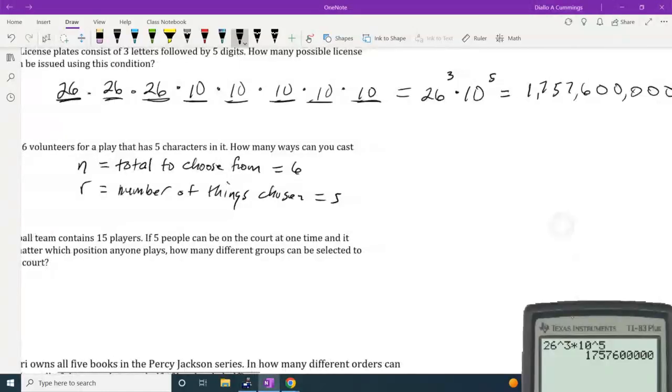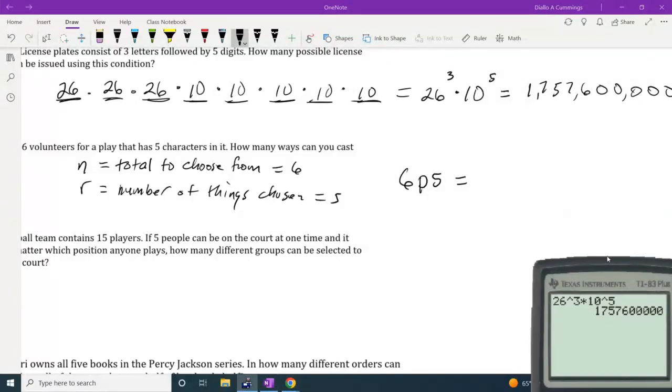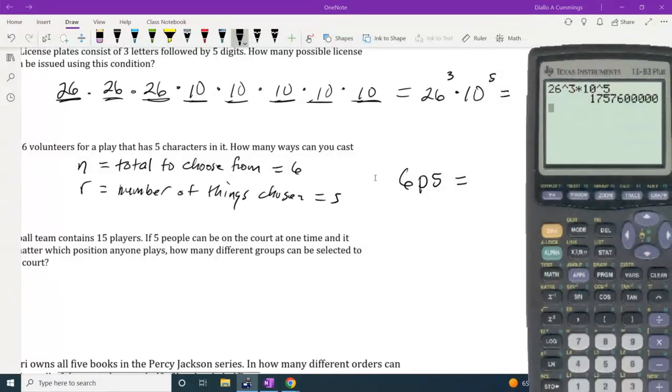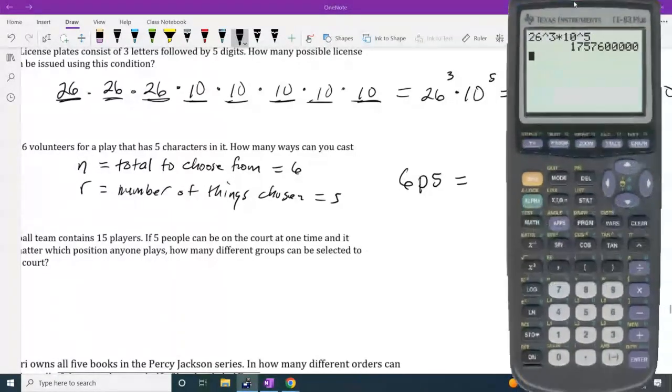So when you write out your permutation, you always put your total first. So there's 6 people, and we're going to permutate 5. And even in a combination, that total amount of things you're choosing from comes first. So we're going to use the calculator. The first thing we must do is enter in our total, which is 6. I'm going to go into math.